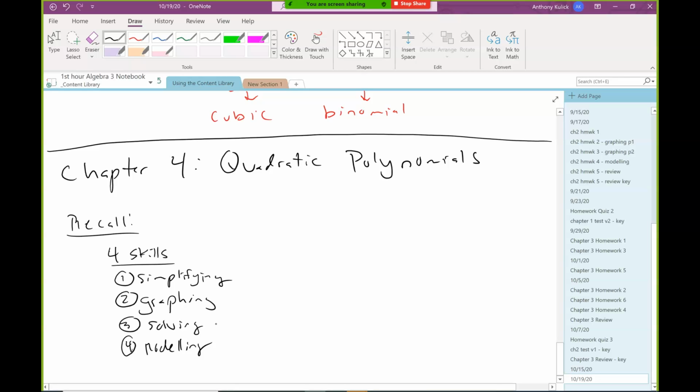So those 4 skills were simplifying, graphing, solving, and modeling in some order. I don't remember the order that I quoted last time, but again, inside of this chapter, these are going to be the 4 major skills that we're going to be interested in. So we're going to start here today with the simplifying skill.